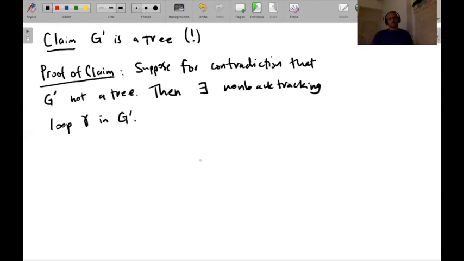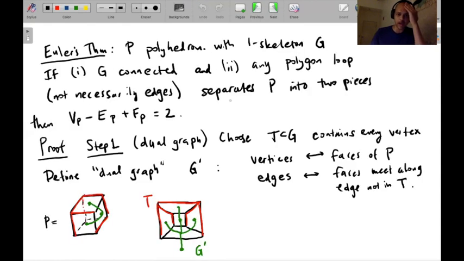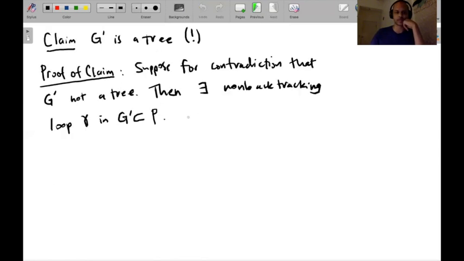G prime is a graph, and we're thinking about G prime as sitting inside of P, so this gamma is a polygonal loop, and by assumption, the polygonal loop gamma separates P into 2 pieces. So by assumption, gamma separates P.